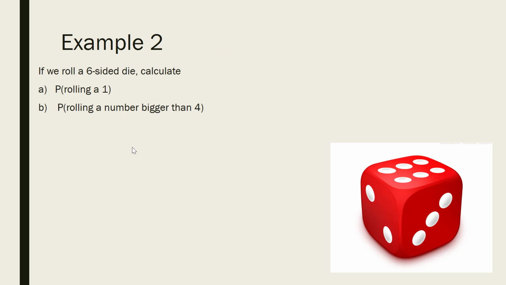Here's example 2. If we roll a 6-sided die, we are asked to calculate A, the probability of rolling a 1, or B, the probability of rolling a number bigger than 4. So remember that the sample space is the set of all of the outcomes. We can roll a 1, we can roll a 2, we can roll a 3, 4, 5, or 6. That's the sample space.